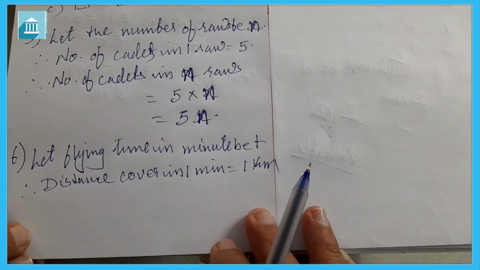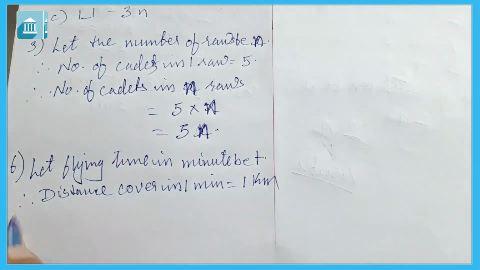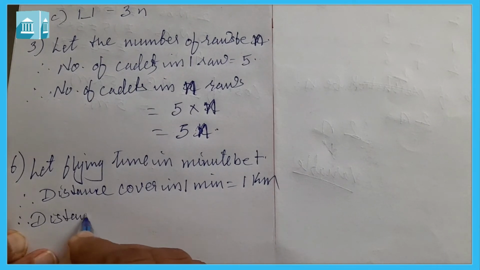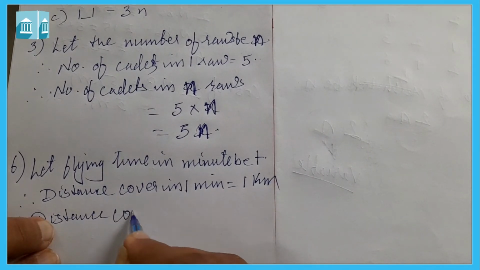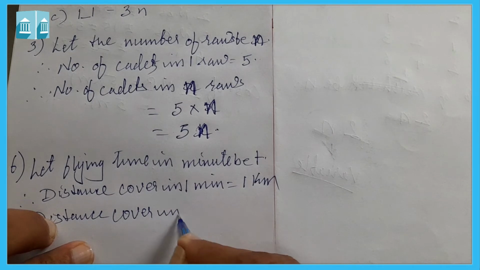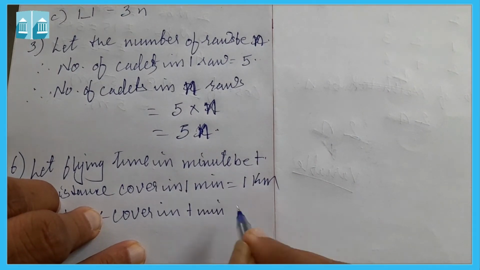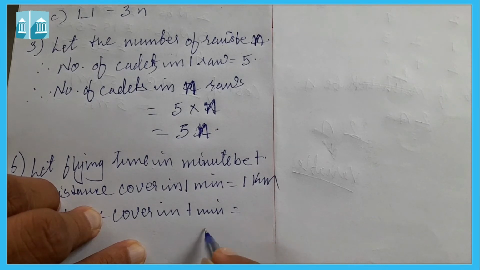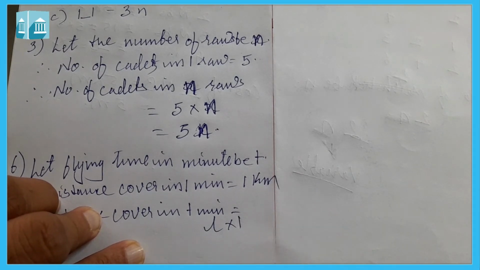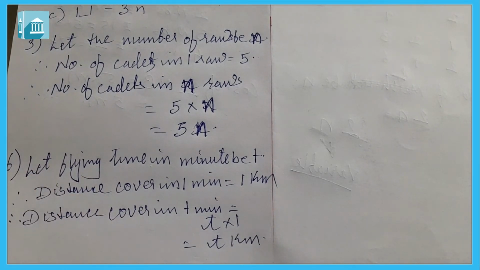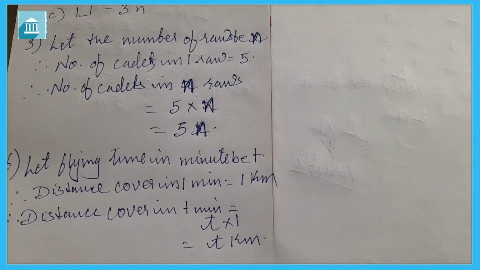Therefore, distance covered in t minutes is equal to t into 1, which is equal to t kilometer. So the distance covered in t minutes is equal to t kilometer.